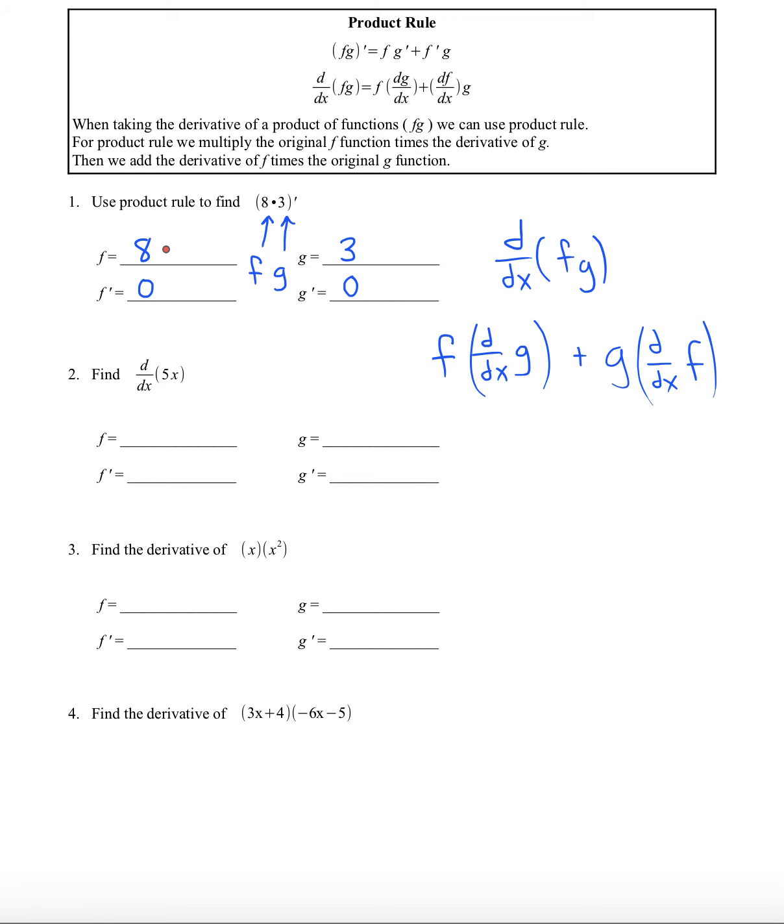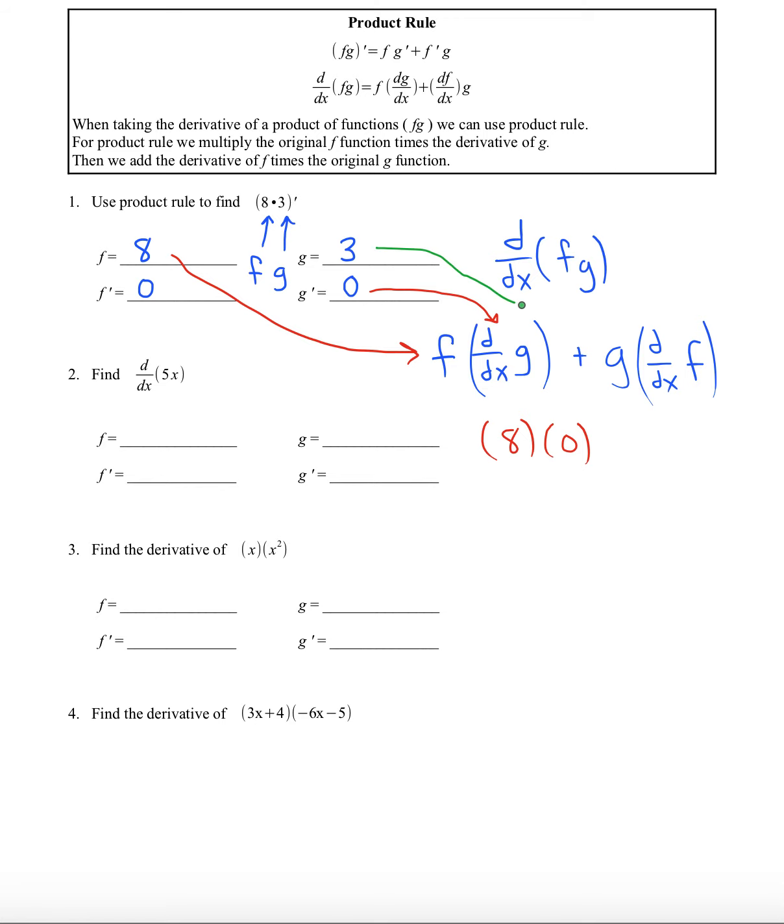We have to multiply the original f times the derivative of g. Okay, so we're going to need 8 times 0 for that first part.